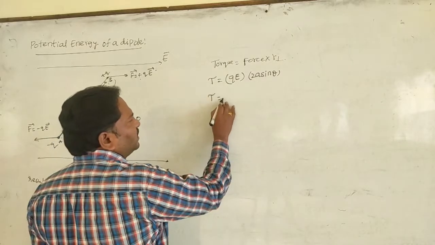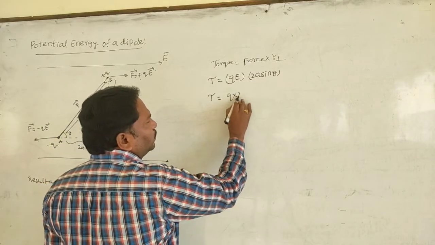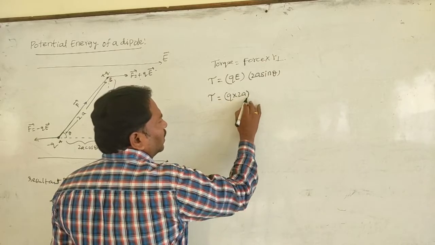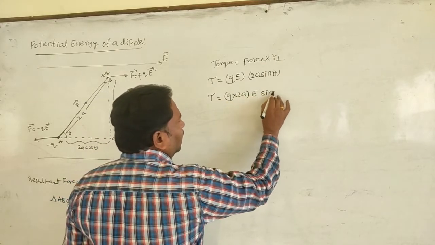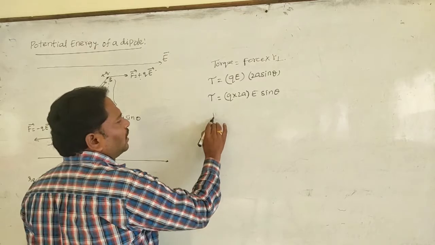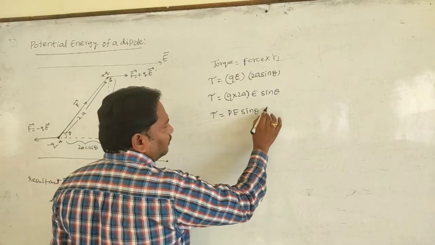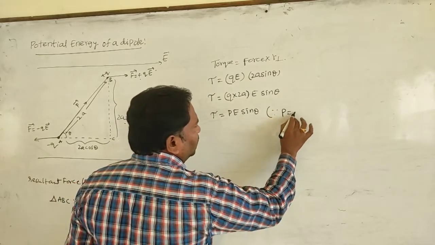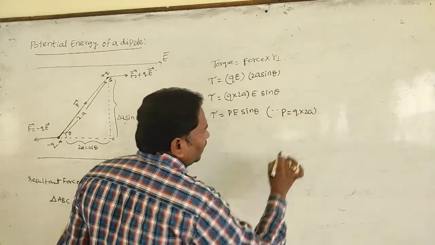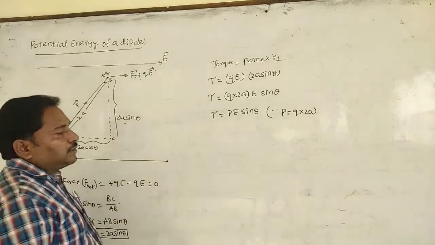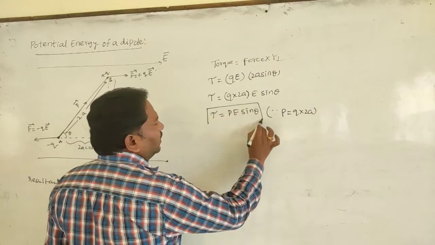So torque tau is equal to Q into 2a into E into sin theta, which is P E sin theta, since P is equal to Q into 2a. This is the torque acting on the dipole.